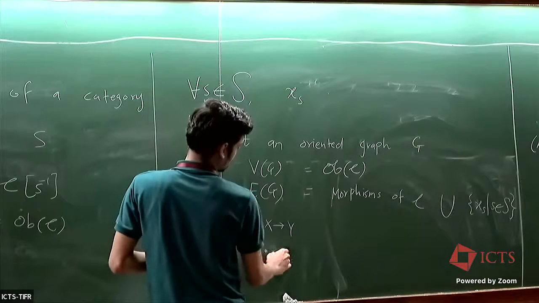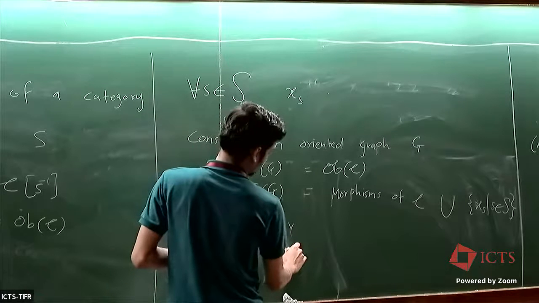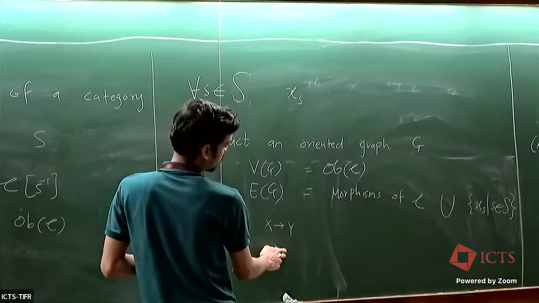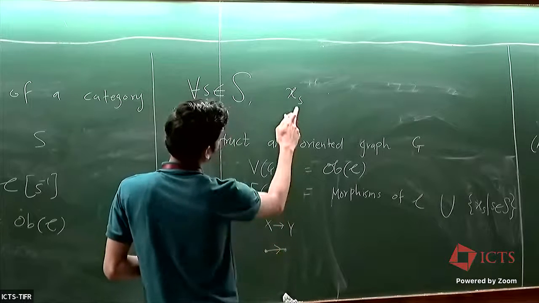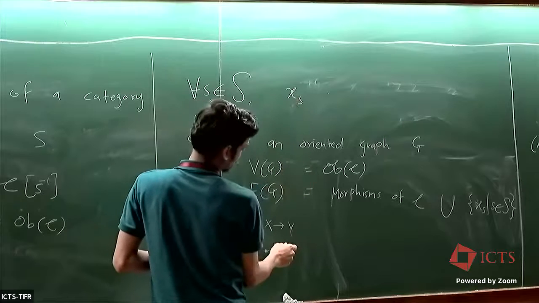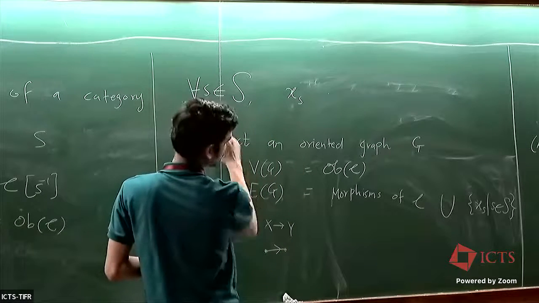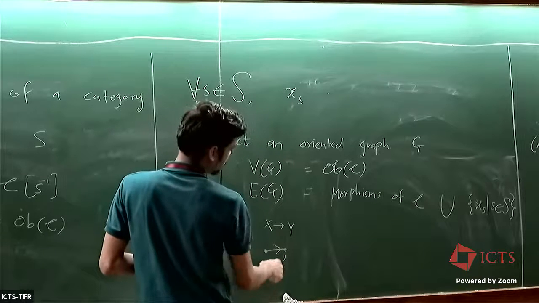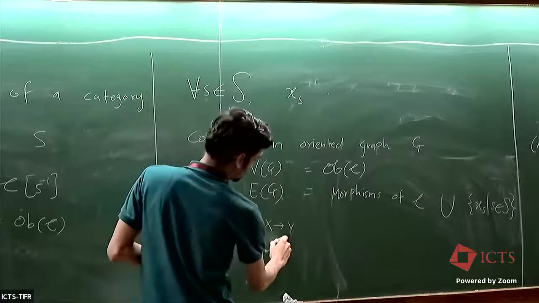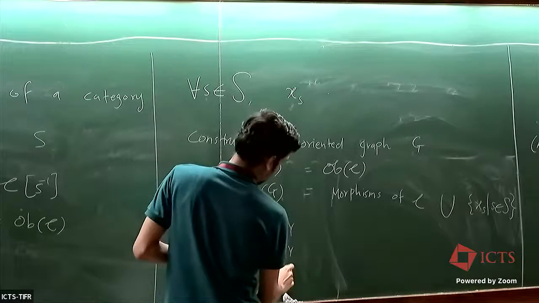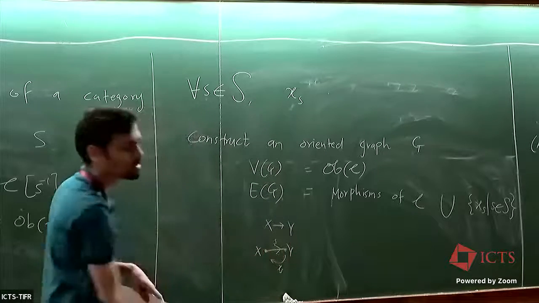So you will have a directed edge going from the vertex corresponding to X to the vertex corresponding to Y. And for X_S, we are thinking of this X_S as the inverse of S. So naturally, you should have the edge pointing in the reverse direction. So if this is S from X to Y, then this X_S is moving in the reverse direction.